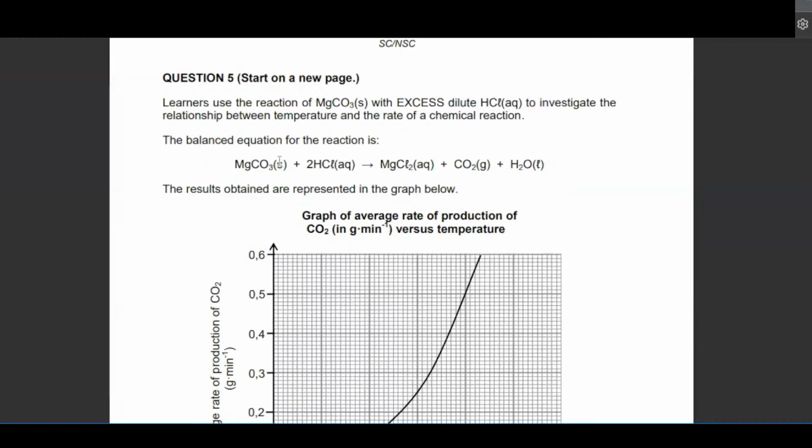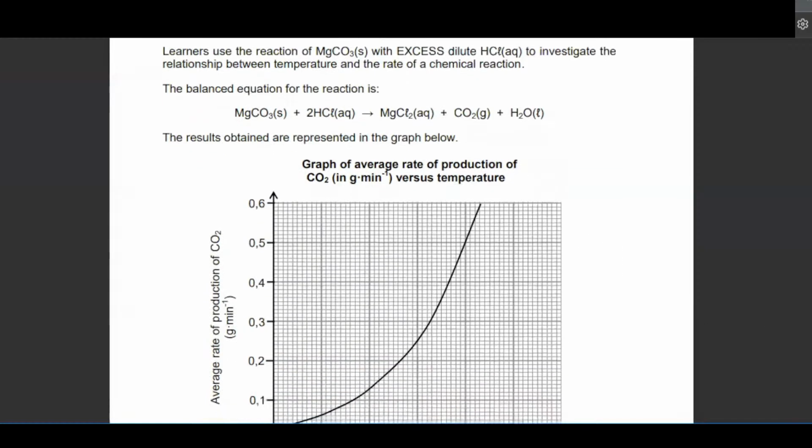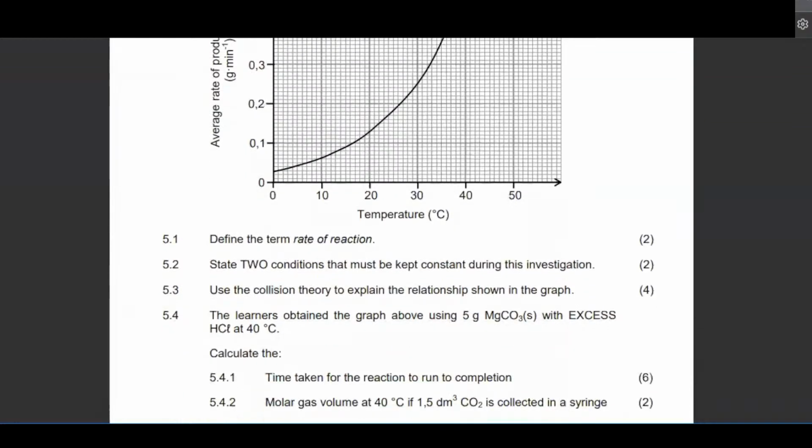And then you can also talk about the concentration of the reactants. So basically, concentration is a good answer, and also surface area, then concentration.